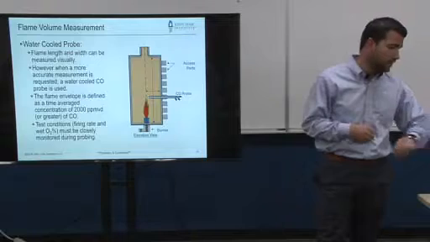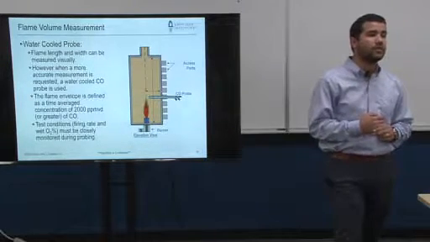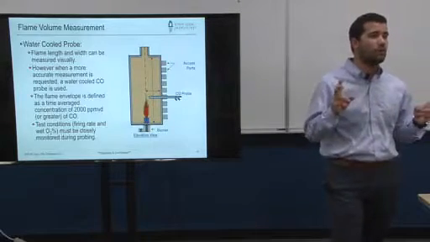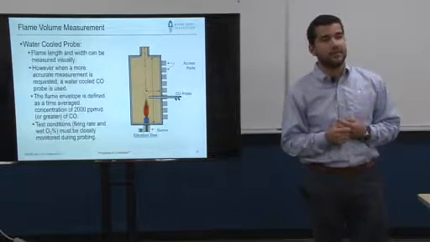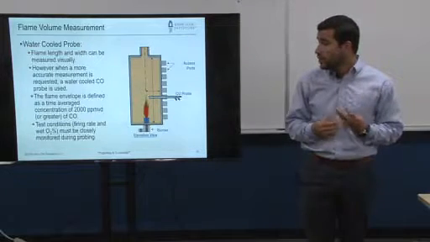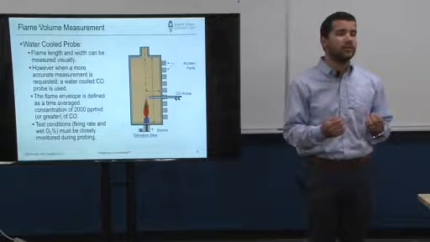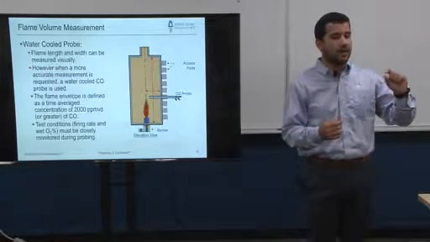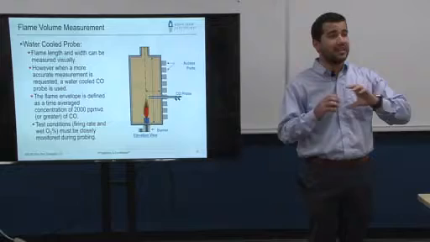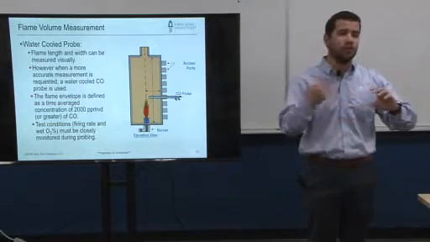The next measurement that gets done is flame dimension. There are two ways to quote-unquote measure flame, and this is actually a pretty wild topic every now and then. What we do is we use what we call a CO probe, and a CO probe is just a probe that is water cooled. It has a little water jacket that has water flowing at all times.